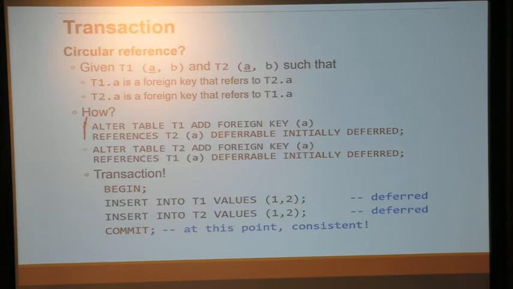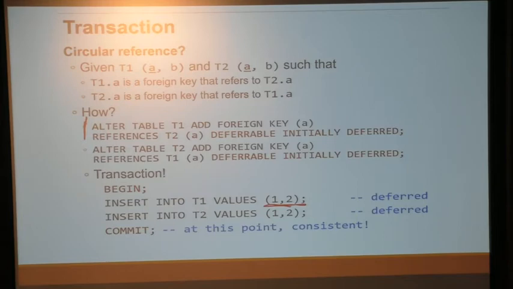Given the circular dependency, can you actually insert something? If you try to insert without a transaction, you will fail, simply because at the end of that operation you will do the check, since it's not part of a transaction. But if it is part of a transaction, assuming we start with empty, and I try to insert this value, the constraint check will not be done now.